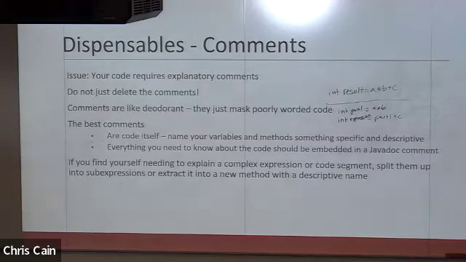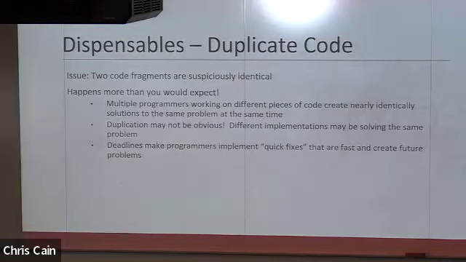Deadlines exist. Just like for labs as a student, you will have deadlines to produce something in industry, and that can make you create a quick fix that works for now, and you fully recognize, I'm going to need to come back to this and make these changes later. How frequently do you actually do that? How frequently do you go back to code that works and refactor it to make it nicer, easier, cleaner?